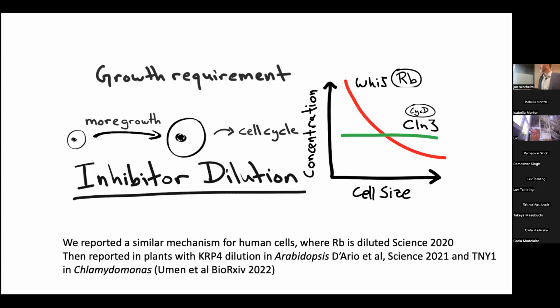There's quite a nice paper looking at Arabidopsis plants, where they found a totally different type of cell cycle inhibitor, KRP4, which is diluted in G1 to achieve a similar aim. And then there's also a paper looking at Chlamydomonas alga, finding this protein tiny1 is also diluted out in a similar way.